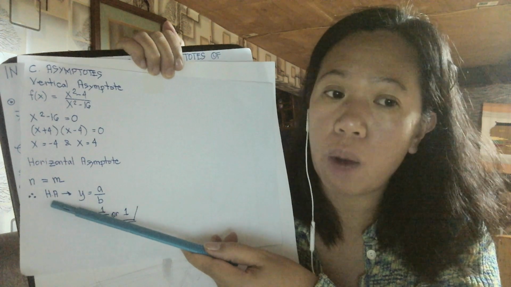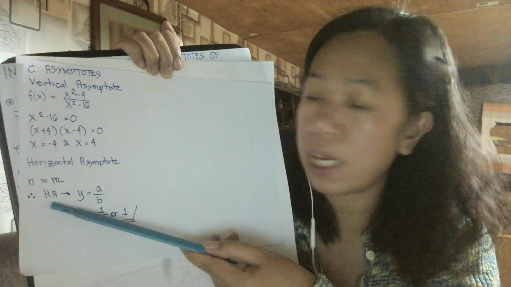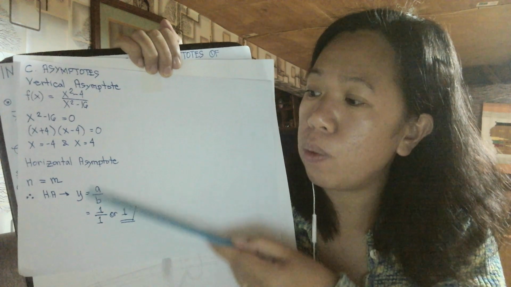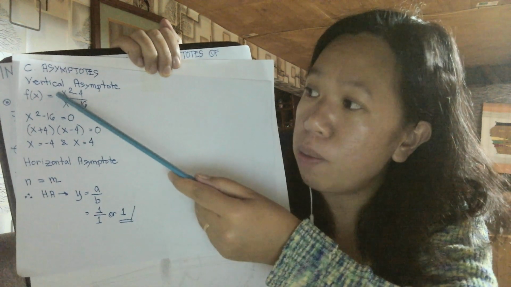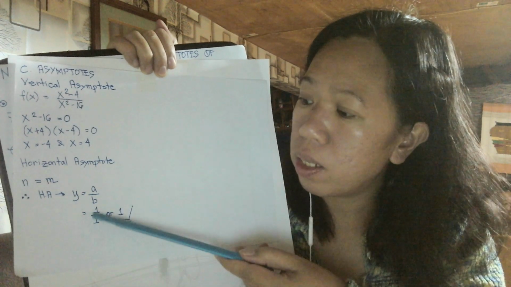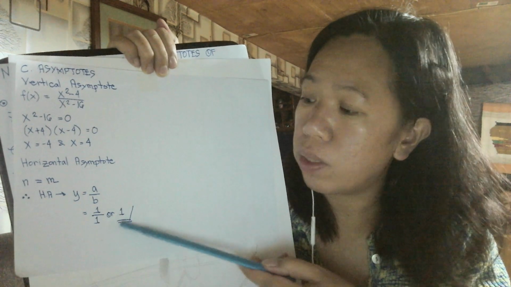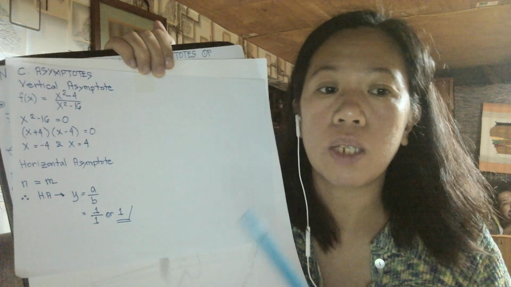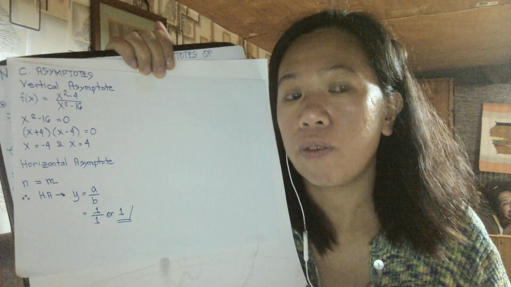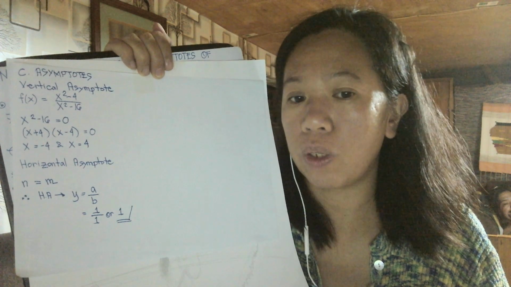And so our horizontal asymptote in this case will be at y equals a over b. So we look again at the numerical coefficients, which is 1 over 1, or simply 1. So that's how you're going to find the horizontal asymptote for the given function.